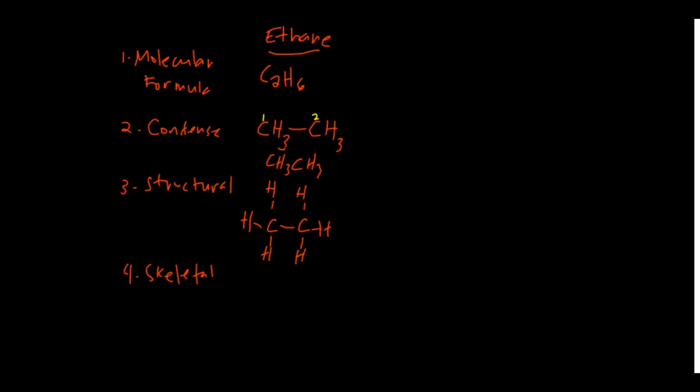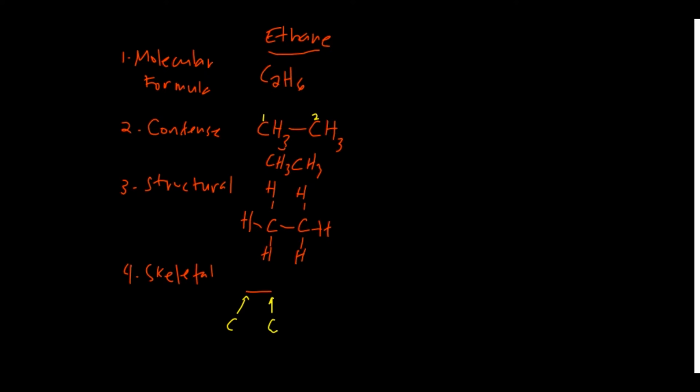Now for skeletal, it's very simple. Since there are 2 carbons, we can represent it by just a dash or a line. Both ends of the line represent the presence of carbon atoms that have hydrogen in them. But we do not write the bonds, the hydrogen, or the carbon anymore, because this is already understood.